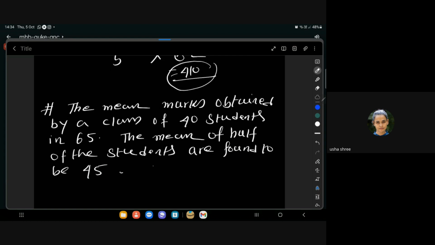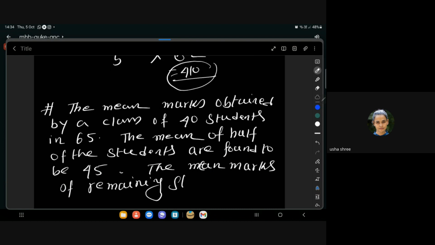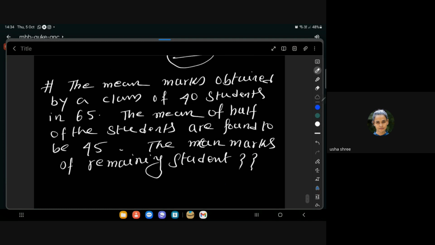The mean marks of the remaining students, how much? Okay, question. Is the question clear?